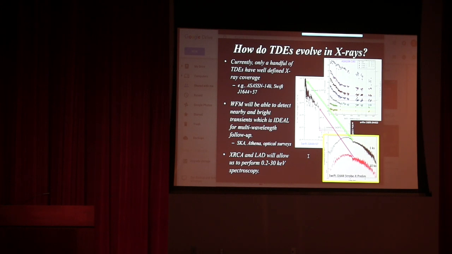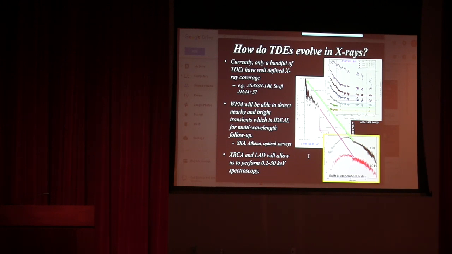Most of the time, with current observations, we either just have really short exposures, and so we might be unlucky and miss most of the decay, or the exposure is just not long enough to put a constraint on the X-ray emission.